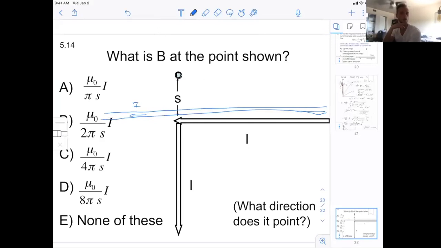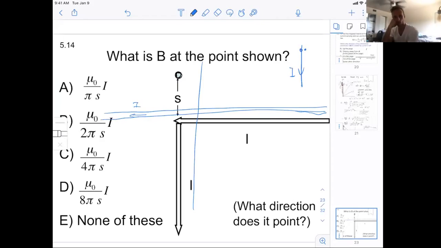Different, yeah. You can think of using the limits. What if you bend your wire or rotate it to be 100% perpendicular to your original? If your wire is entirely running in this direction, are you going to have a B field here?